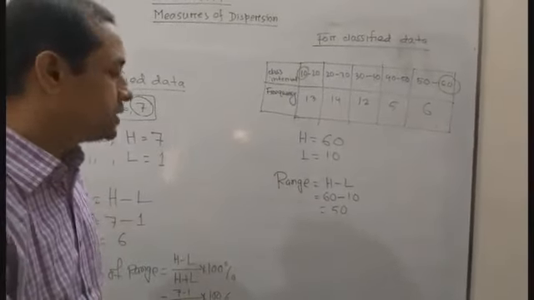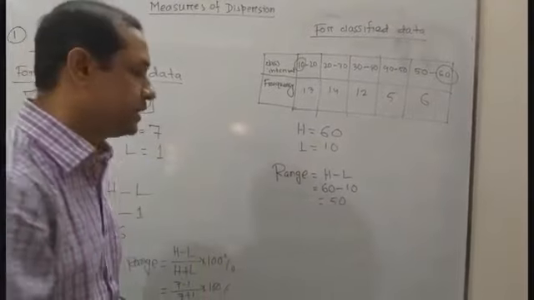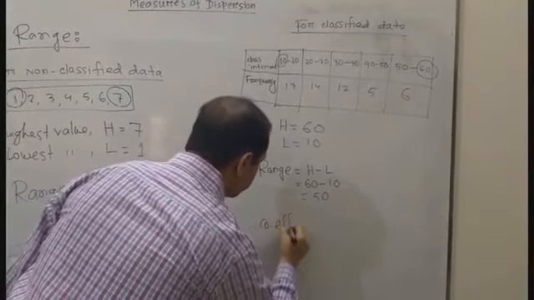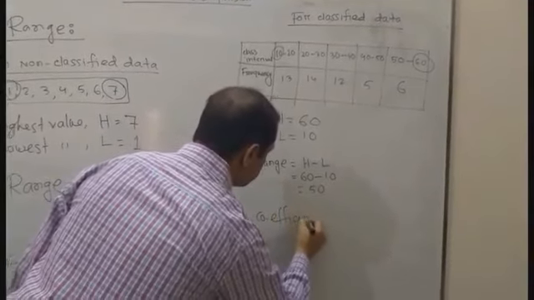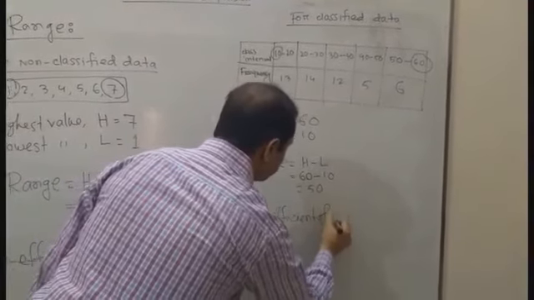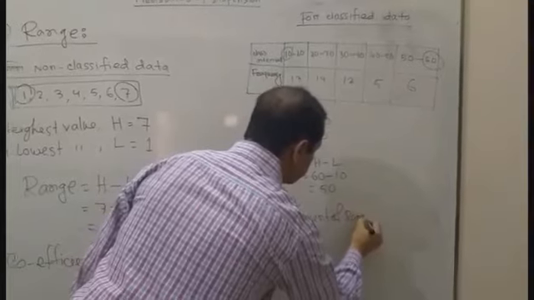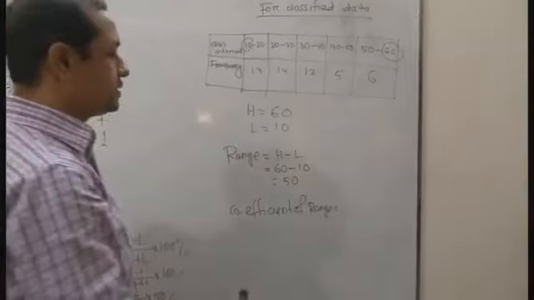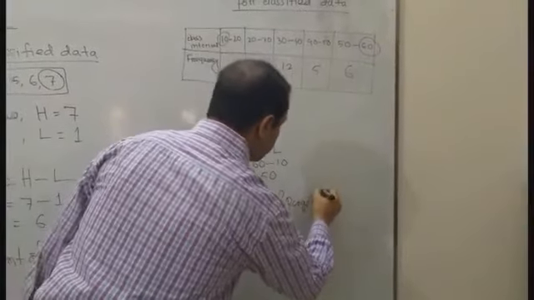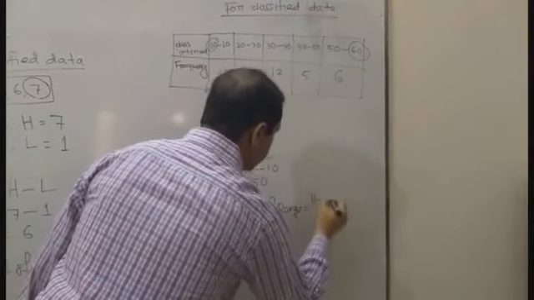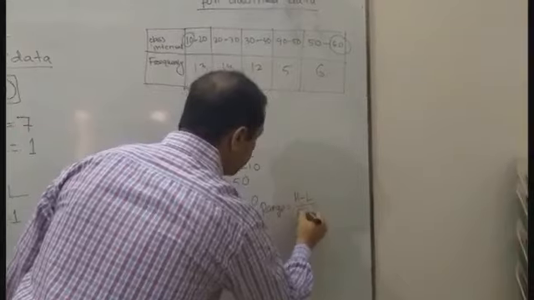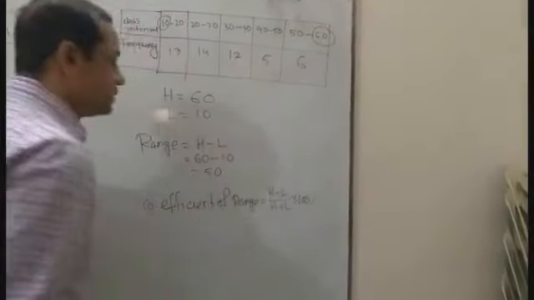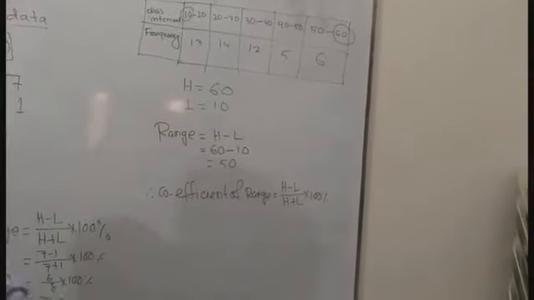Next, find the coefficient of range. We know that coefficient of range equals H minus L by H plus L into 100%. Students, look at the board.